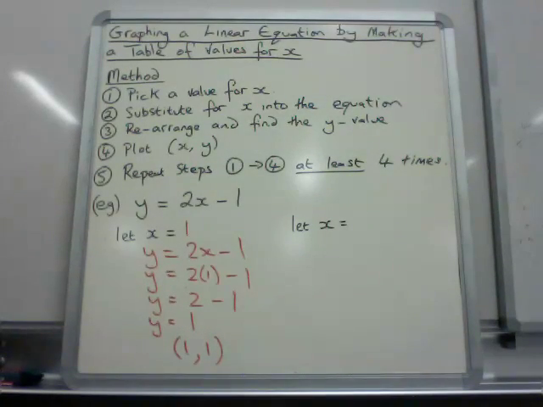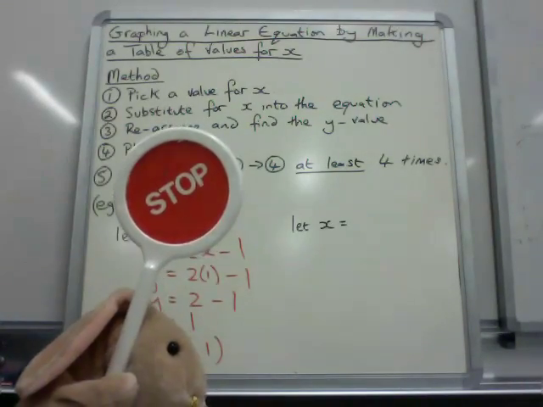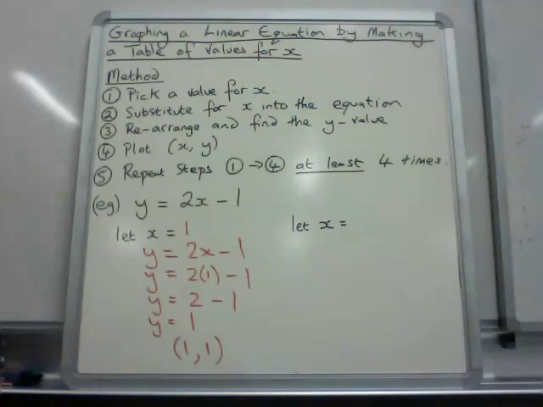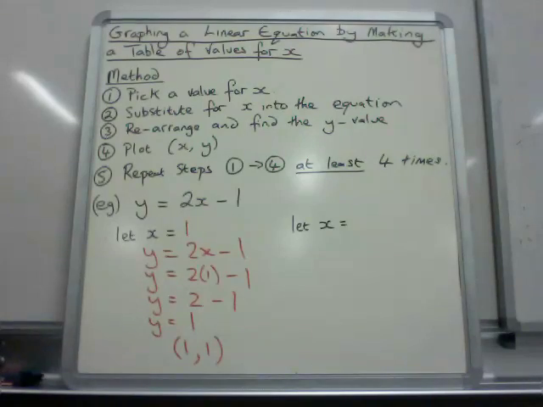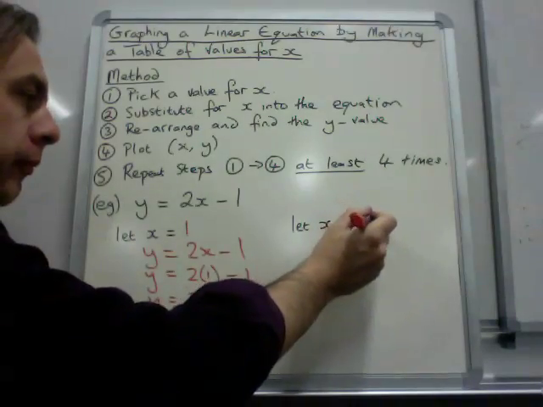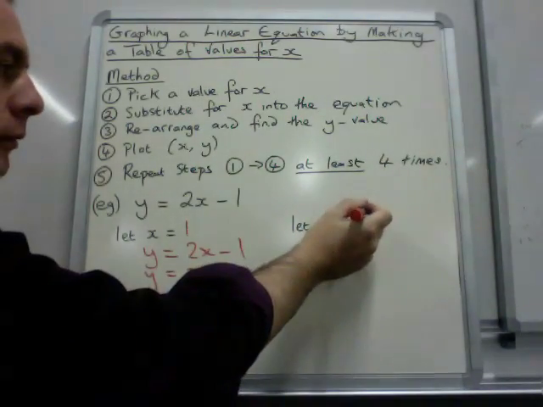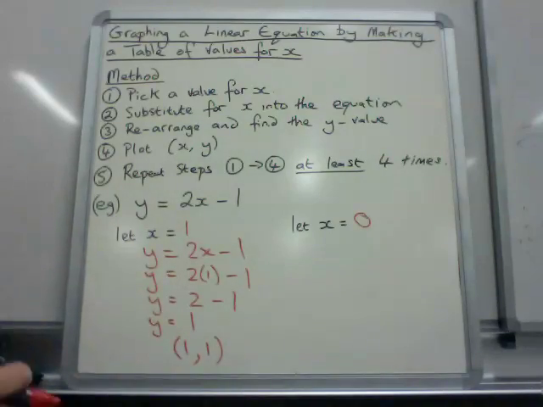Okay, pick a value for yourself, stop the video and have a go yourself. Okay, let's go. I'm going to try another value for x. A good number is always 0. Whoops, it would be better if I drew it better.